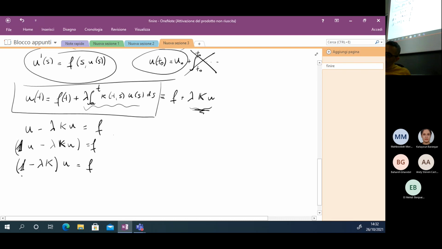So now let me move this operator on the right-hand side, just the operator. How am I doing this? Again, imagine this is a matrix. So if this is a matrix, in order to remove this, what I have to do is to multiply by the inverse of the matrix. So what I'm doing here is multiplying by the inverse of the operator on the left.